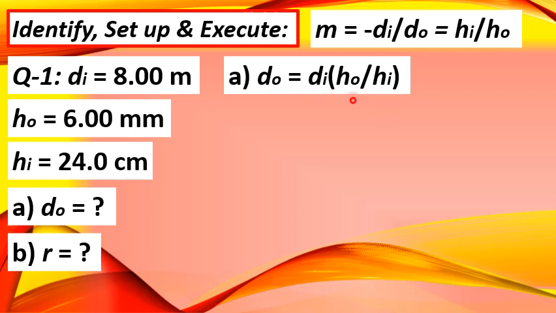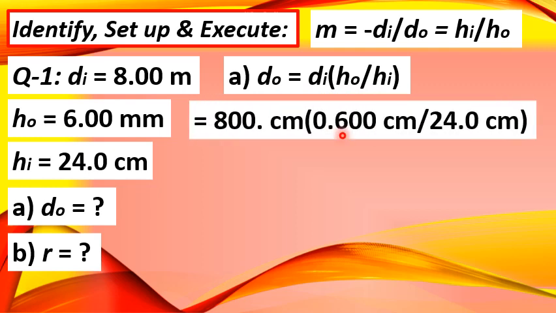So, substituting our given quantities, do is equal to 800. centimeters. There's a dot here to emphasize that this quantity has three significant figures, and that's to be multiplied by 0.600 centimeters.